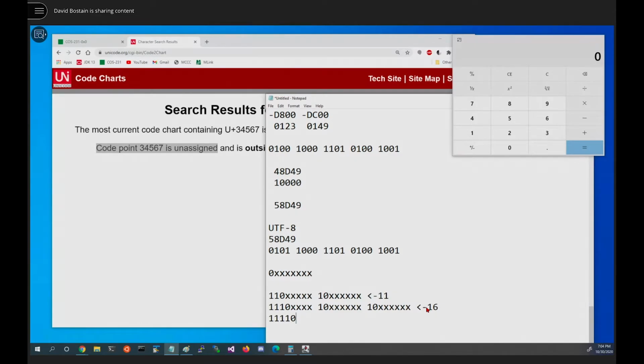If this starts 1, 1, 1, 0, I can only store 3 bits here, but now I get 3 of these things to store bits in. So I have 6, 6, 6. That sounds demonic. I have 18, 19, 20, 21. So I can store 21 bits, which is the biggest Unicode character. You never need more than 21 bits.